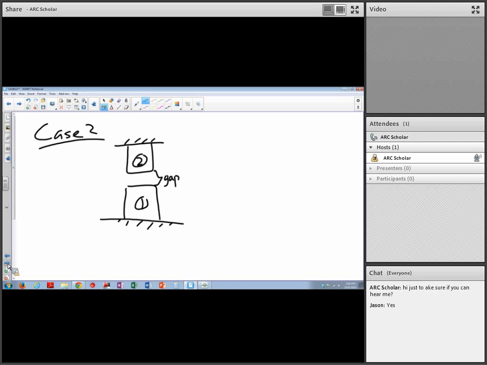So what would be the relation between 1 and 2? One plus two, yeah. Then you can go to the next slide.